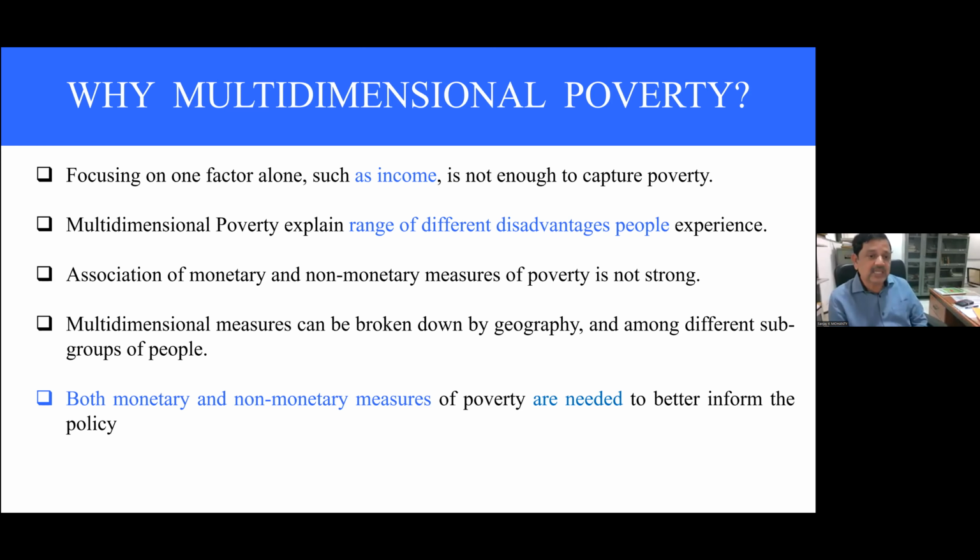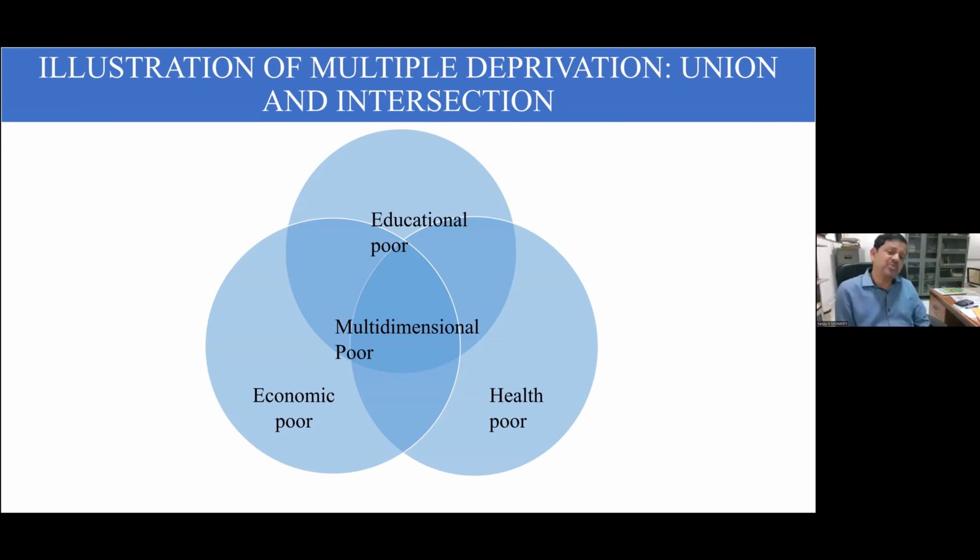One way to understand this is to use a Venn diagram. For example, if we limit this to three domains, let us say education, economic, and health, we can see both union and intersection.